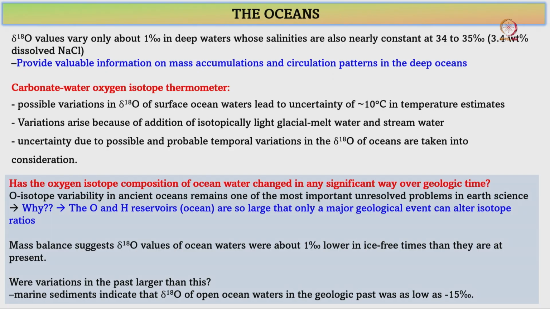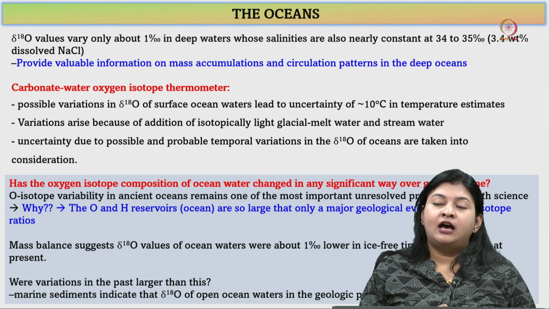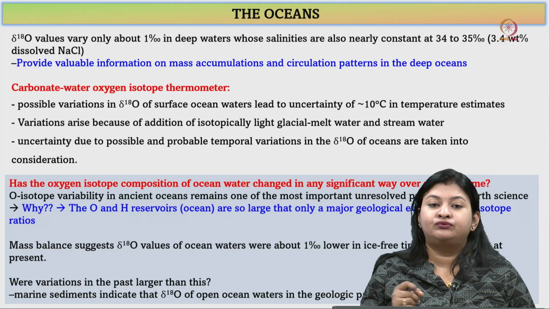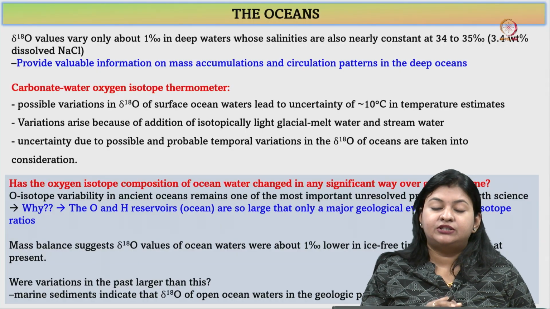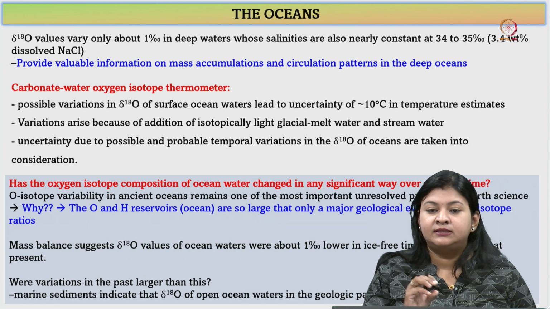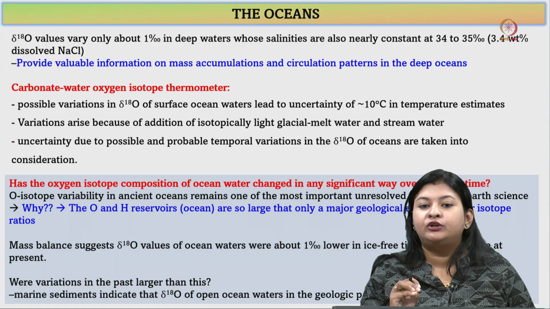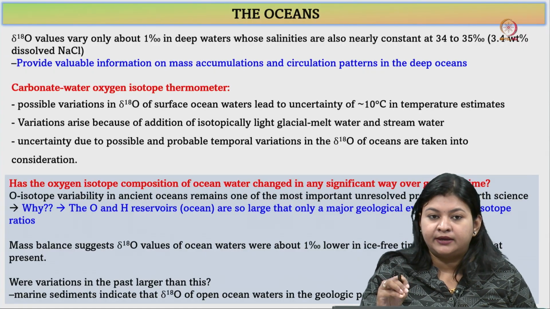And even with such a low variation, it provides huge information about how the ocean mass is accumulating, how circulation is happening in the different regions of the oceans, where it is mixing, where it is upwelling, where it is downwelling, which ocean masses are mixing to give a particular ocean current.